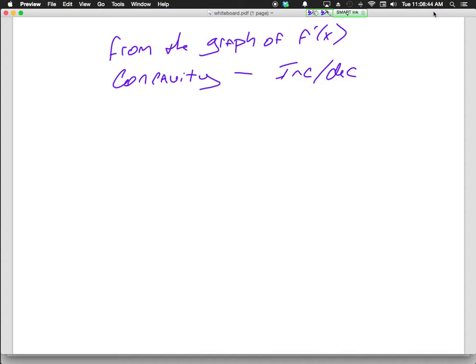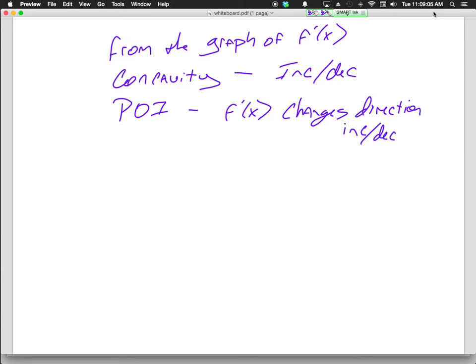Points of inflection. How do I figure that out, Brady? Where the graph of f prime of x changes from increasing to decreasing or decreasing to increasing.